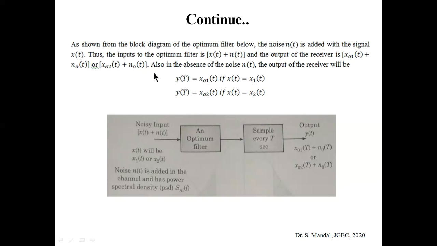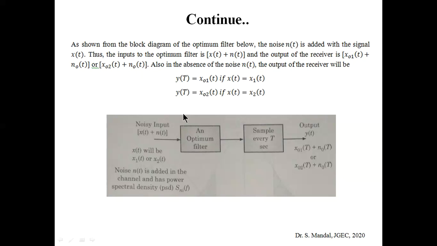However, in absence of noise, the output of the receiver y(t) is xo1(t) only. That means there is no term associated with the noise.